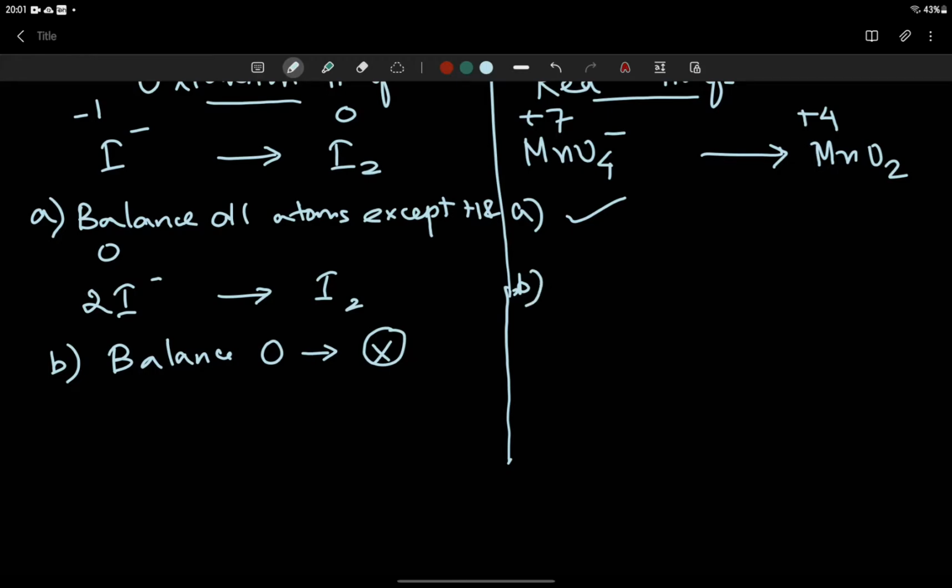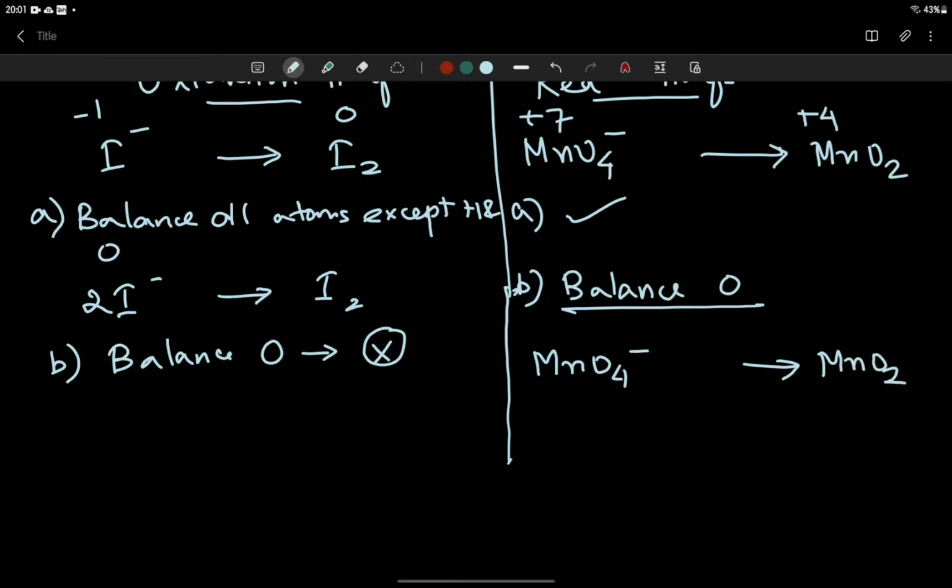But in the reduction half I have to balance oxygen atoms as well, because here I have oxygen atoms. In the reactant side there are 4 oxygen atoms, but in the product side there are only 2 oxygen atoms. Your first instinct will tell you to put 2 over here. But if you put 2 over here, the mistake will be that you have to put 2 to balance manganese, and again this will get unbalanced.